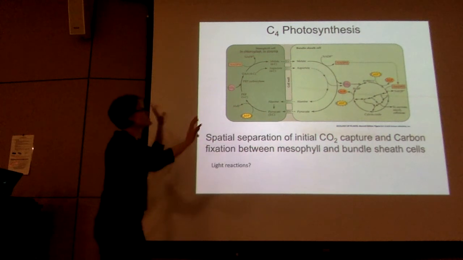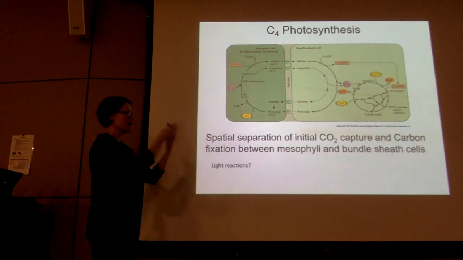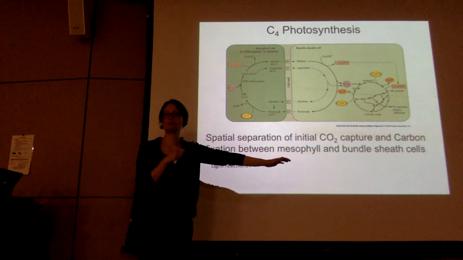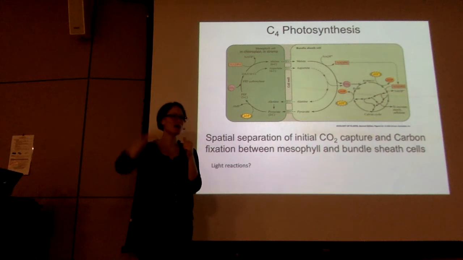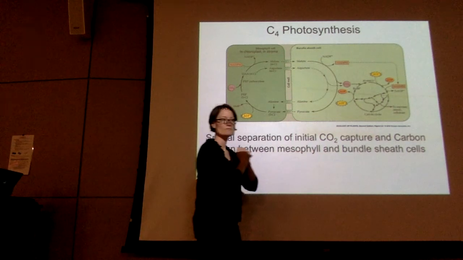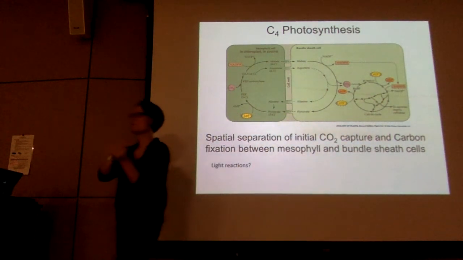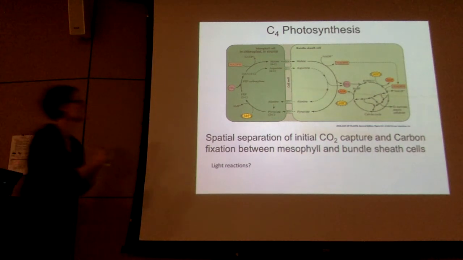So we have spatial separation in C4 plants. We're going to capture our CO2 in one spot, and then fix the carbon in a different spot. If you capture the CO2 in one spot, we can have oxygen in that area, it doesn't really matter. Then we're going to move it to a different spot where we can do the fixation in a place where oxygen is not at a high concentration, okay?